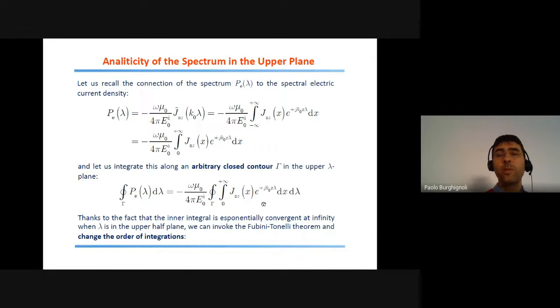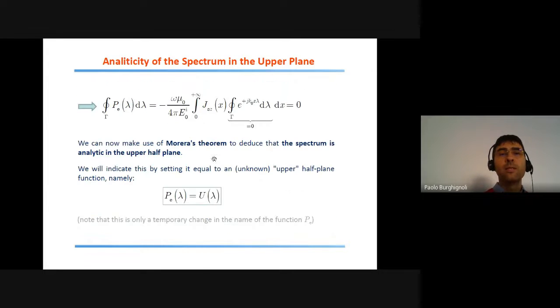That is, we can perform the integral with respect to lambda as the inner integral, rather than, as in this formula, the outer integral. But if you bring the integration with respect to lambda as an inner integral, what remains is just the exponential function, which is the only thing that depends on lambda.